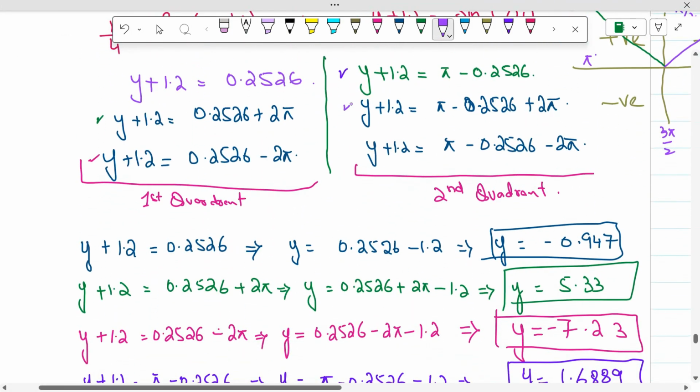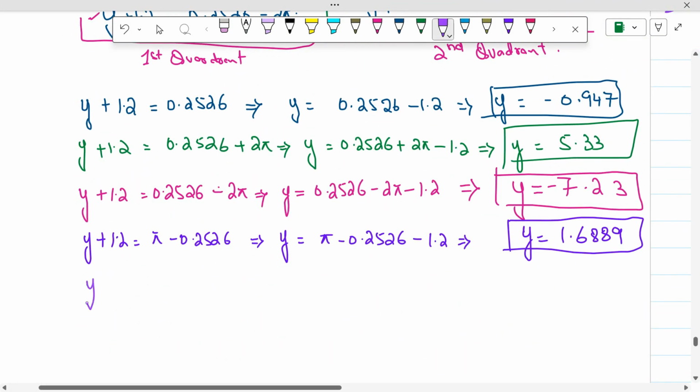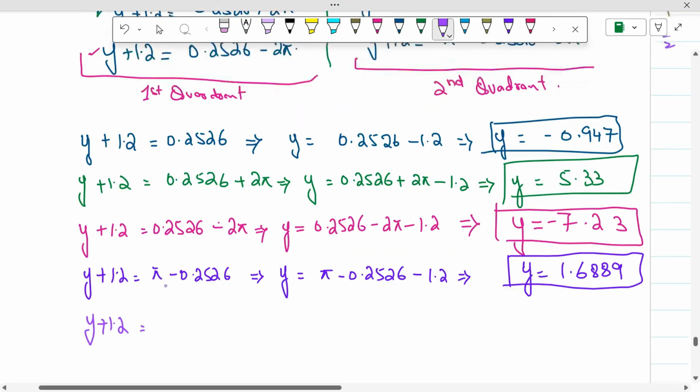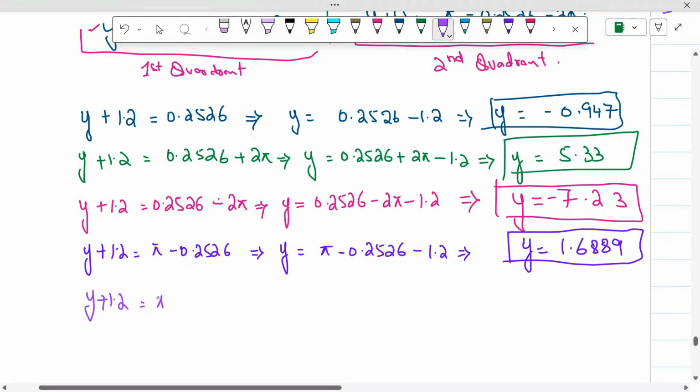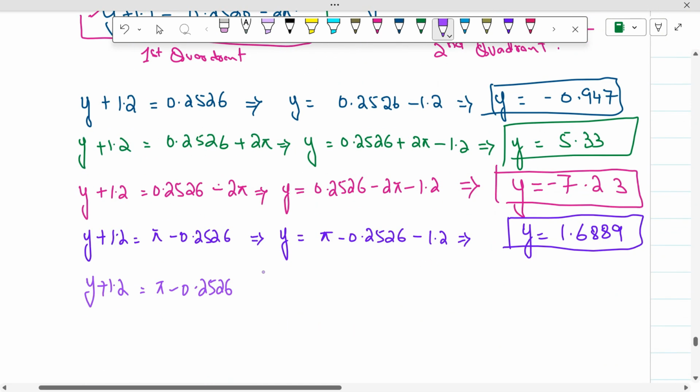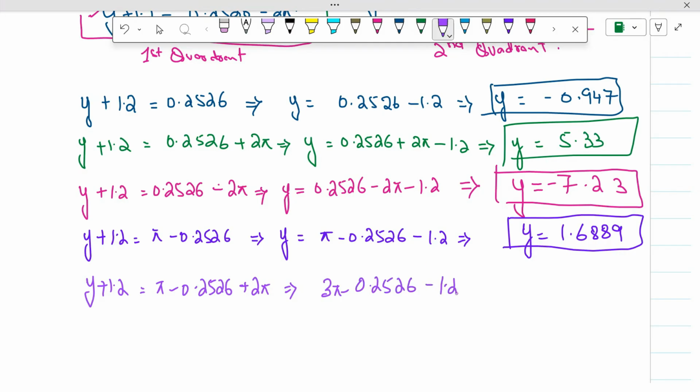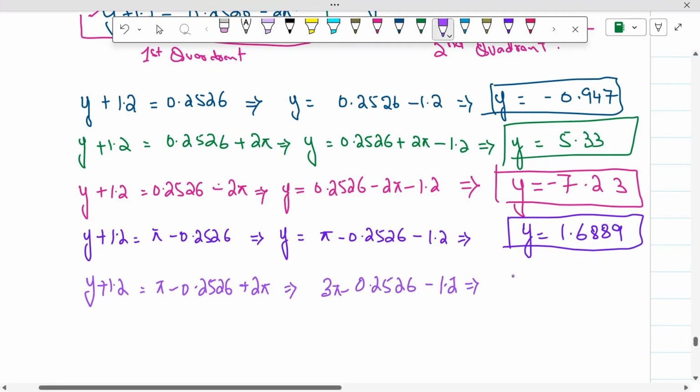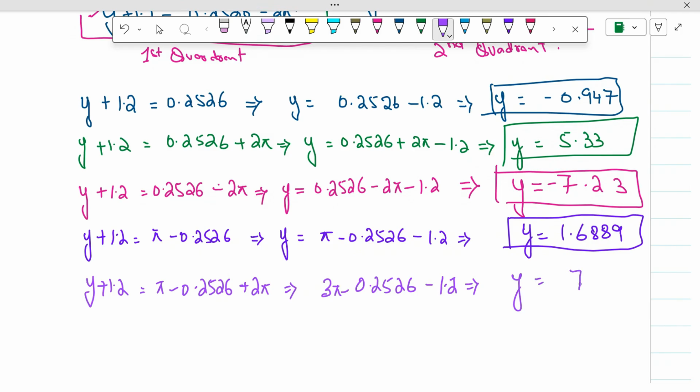Now this one, y plus 1.2 is equal to pi minus 0.2526 plus 2 pi. So we will have 3 pi minus 0.2526 minus 1.2, and this is equal to 7.972.